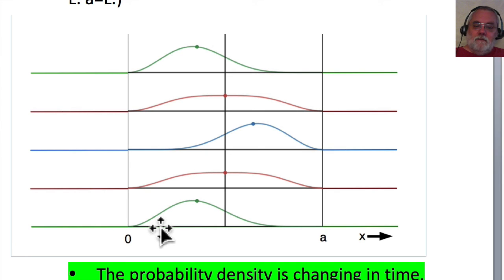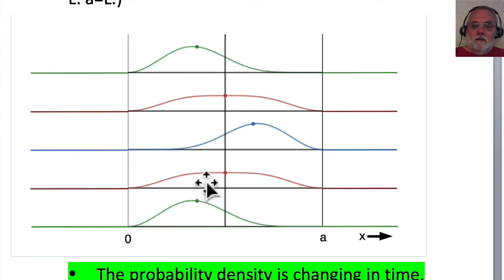But the expected value is here, that dot, which is not exactly the peak of the probability distribution. There's no reason why it had to be. In fact, you can kind of see that the probability density is more scrunched on the left and less scrunched on the right, and so the expectation value is a little to the right of the peak. So the green curve here is for omega t equals 0.